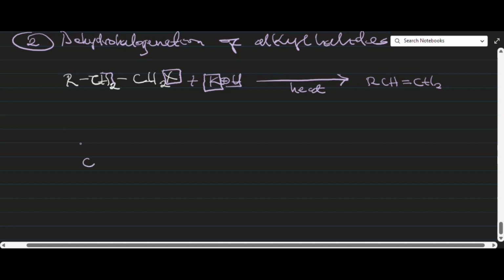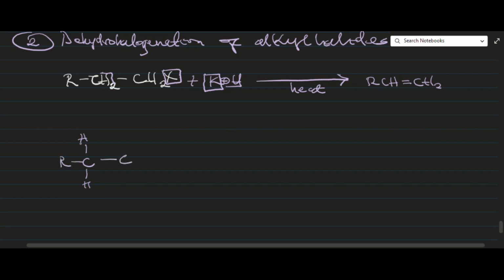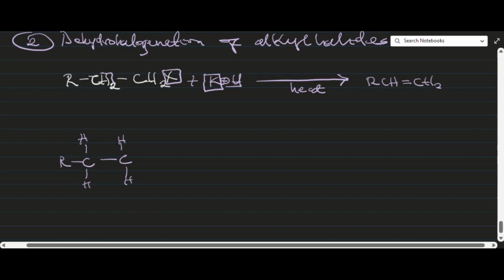We have C, H, H, and then the alkyl group. We have our C, H, H, and then the halide, and then plus the base, the strong base, which is potassium hydroxide.